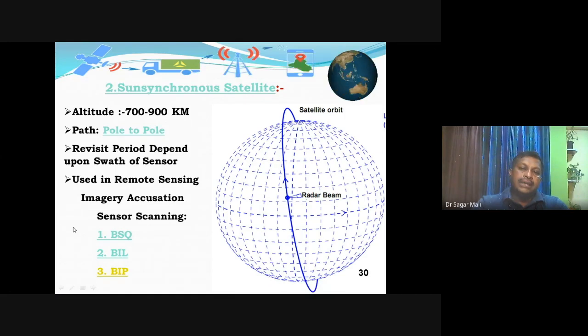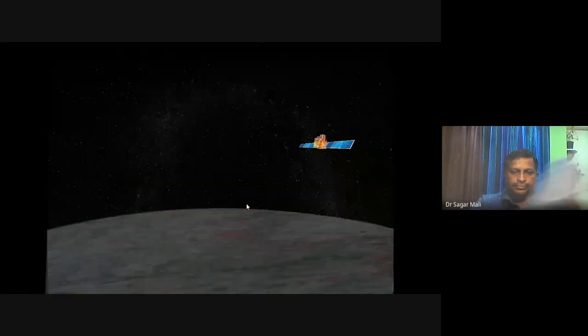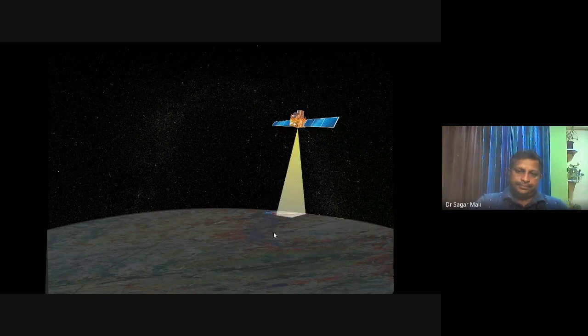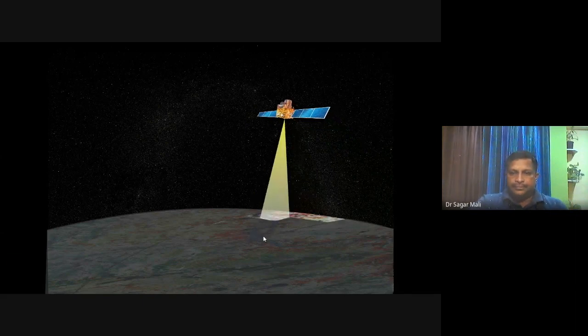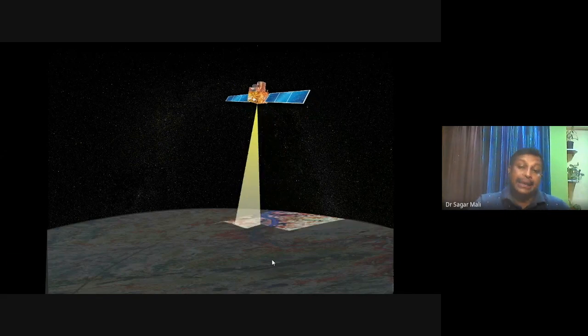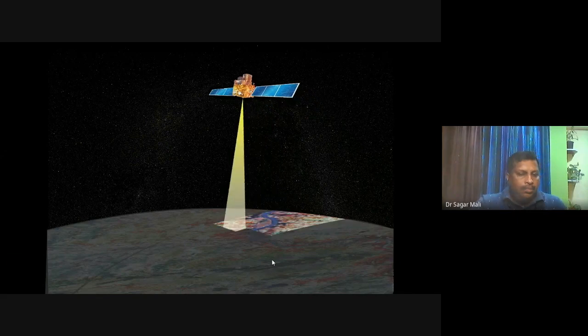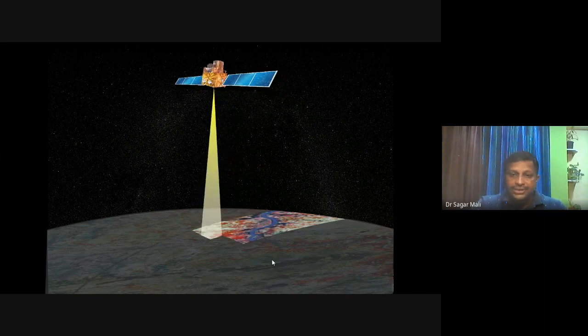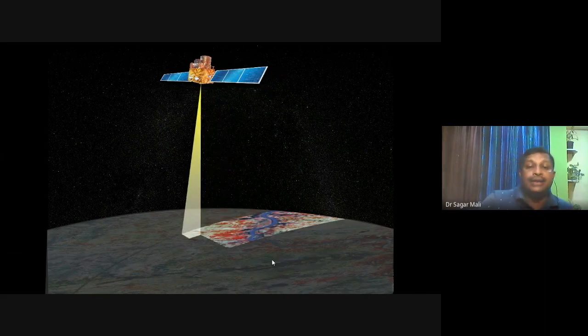The third type of scanning is band interleaved by pixel, called across track scanning. The scanning is in the reverse direction and the motion is in a forward direction.